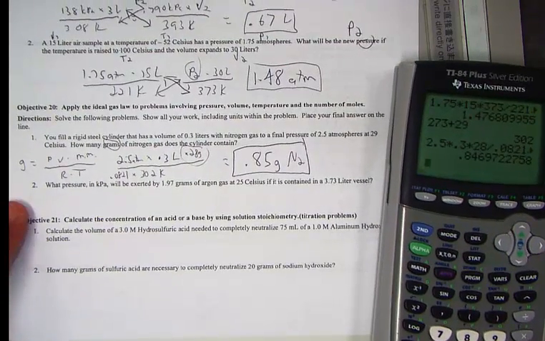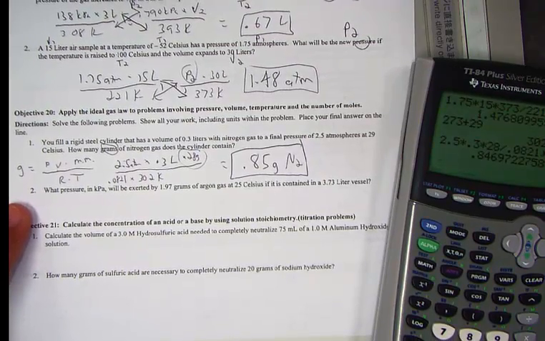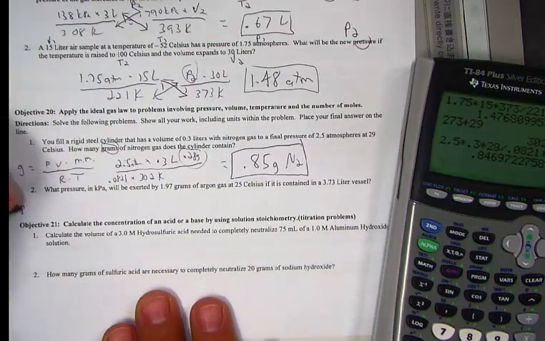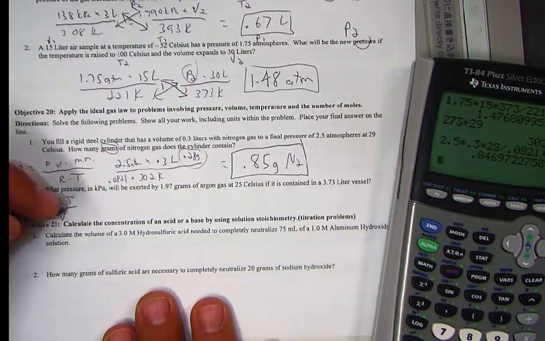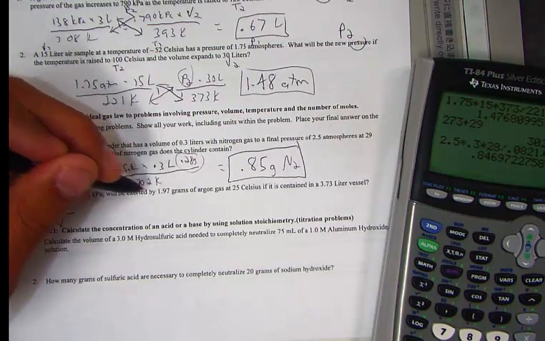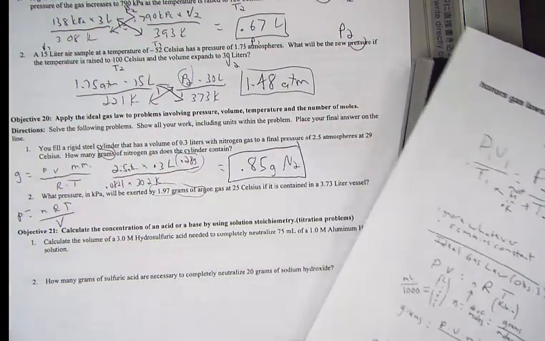Next one, what pressure in kilopascals will be exerted by 1.97 grams? Let me go find one. Is there one that deals with just pressure? Pressure equals NERT over V. P equals NERT over V. Except they didn't give us the N, they gave us grams of argon gas.